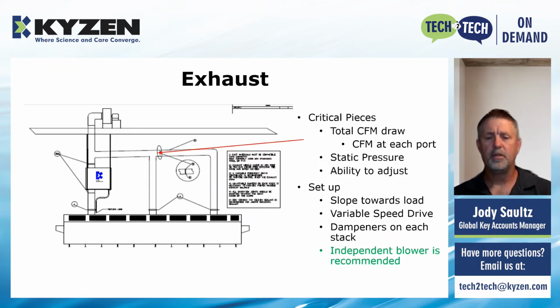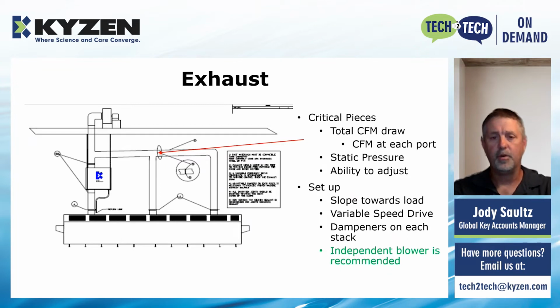These are critical pieces. Do you meet minimum CFM draws, and do you also meet CFM at each port? Whether it's a batch machine or an inline machine, some type of exhaust may be required, especially on the inline machines.